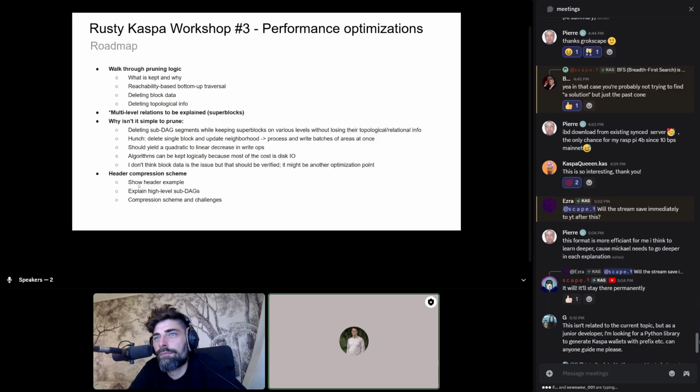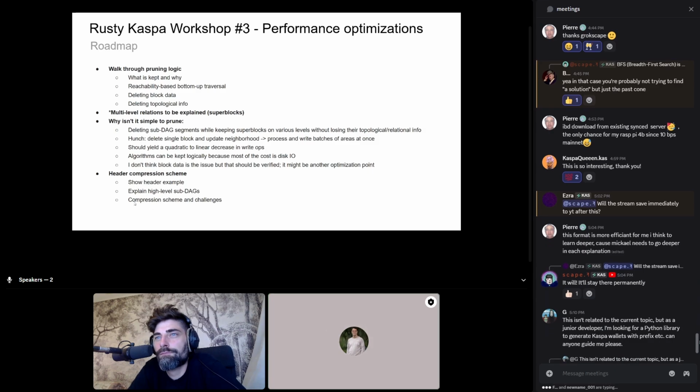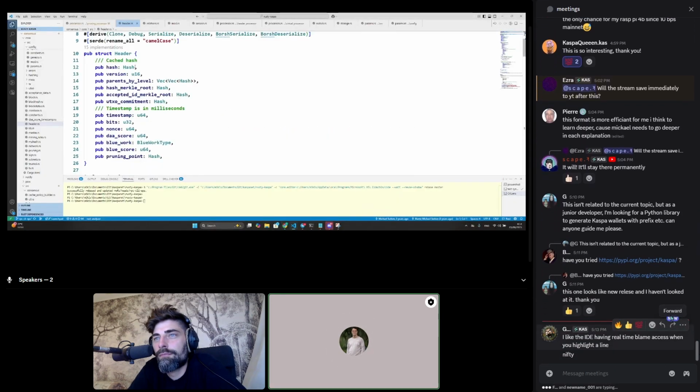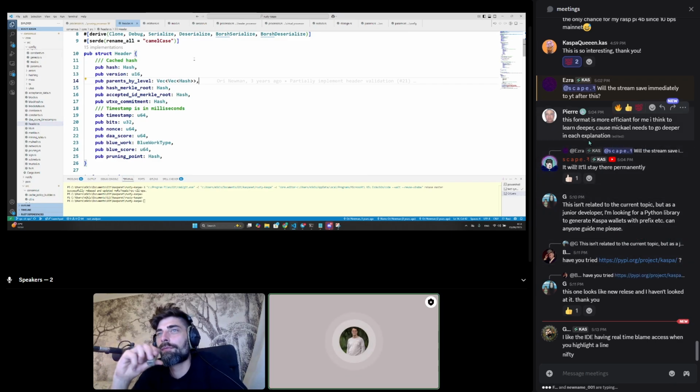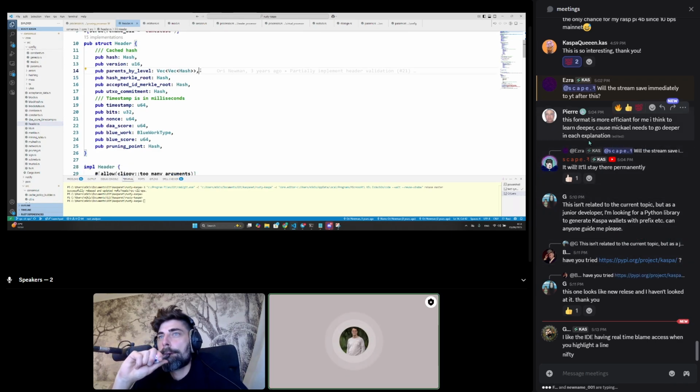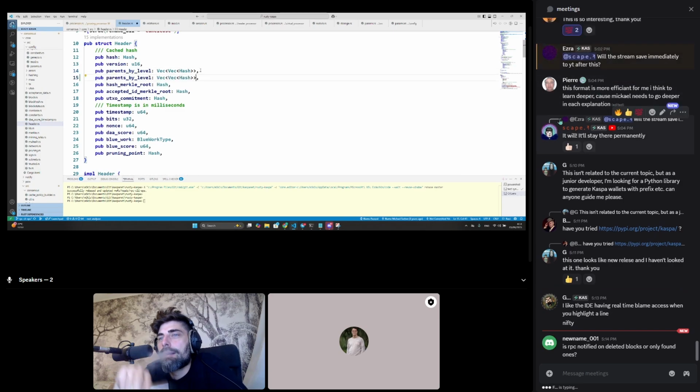Header compression schemes. So the compression scheme is pretty simple, I would say. It's not a consensus change. It's saying, okay, let's save something, instead of having so you would have, I guess, a vec of.